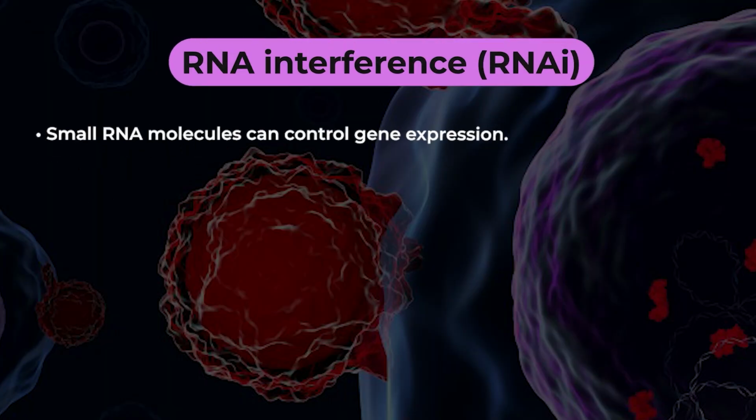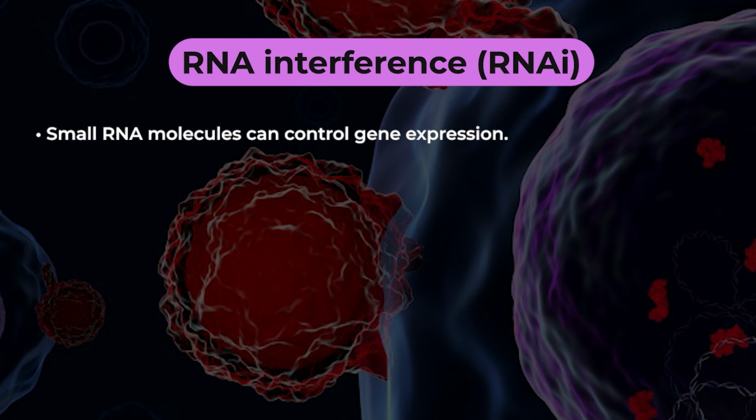We need to remember these terminologies of sense and antisense strands to understand the basic mechanism and concept behind RNA interference. Before going to the mechanism, let's talk a little about what exactly these molecules are. These small RNA molecules can control gene expression.